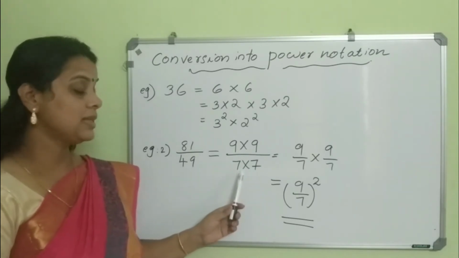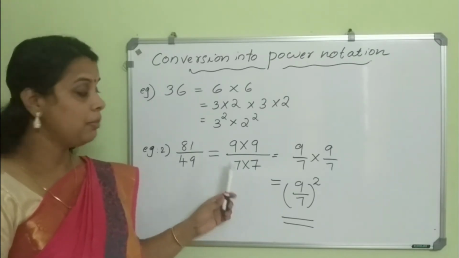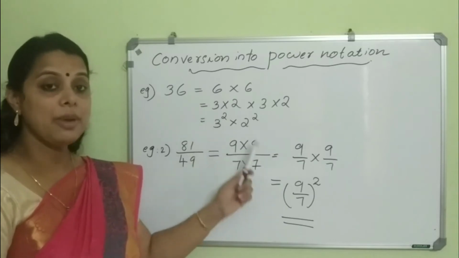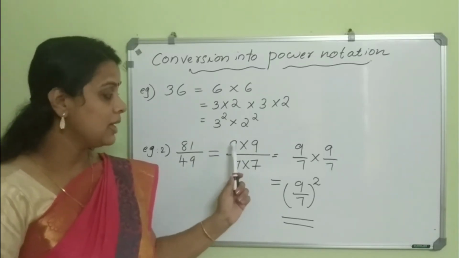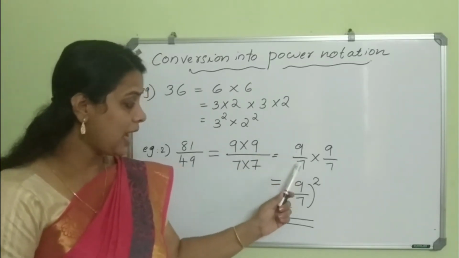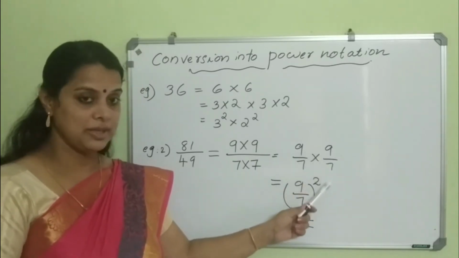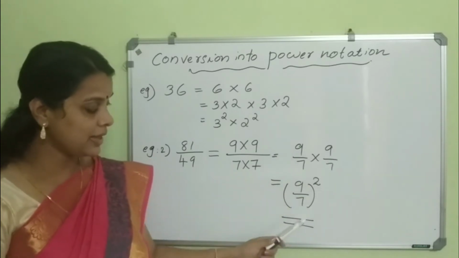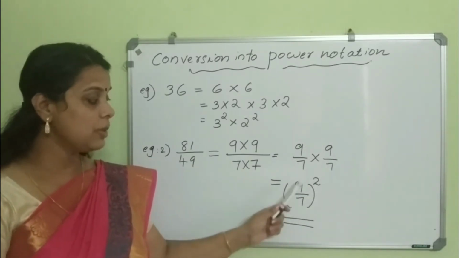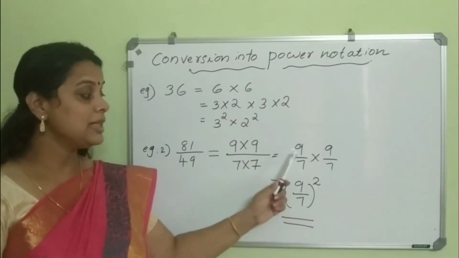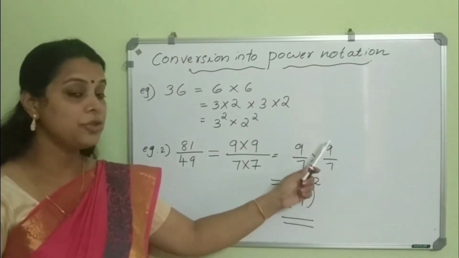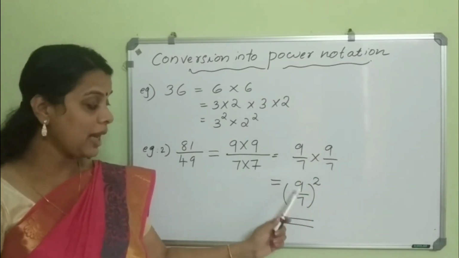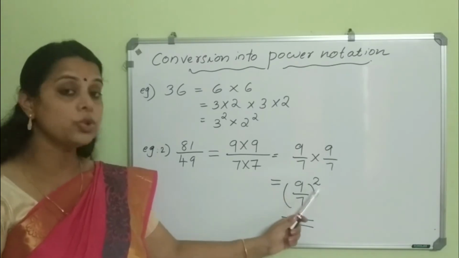Here 49 is 7 into 7. Both we expressed with the same exponent. That means we can write 9 by 7 into 9 by 7. We just group them. That we can write as 9 by 7 raised to the power 2. 9 by 7 is multiplied by itself 2 times.